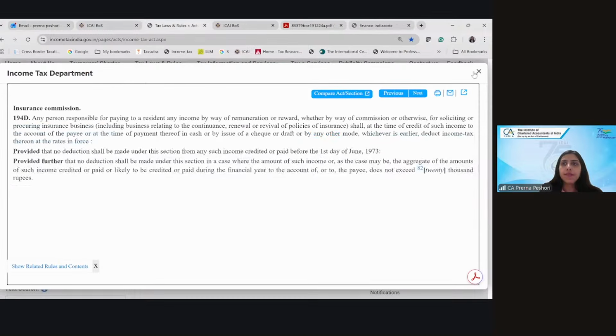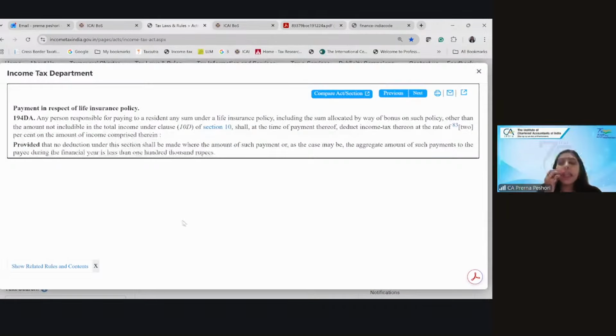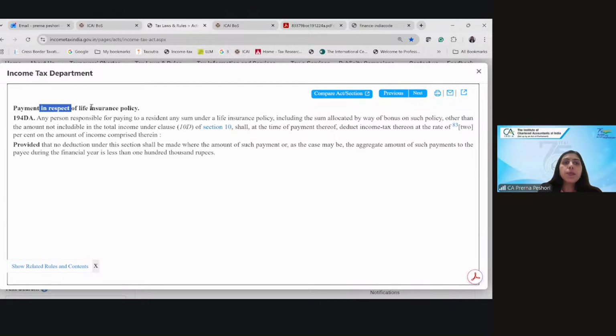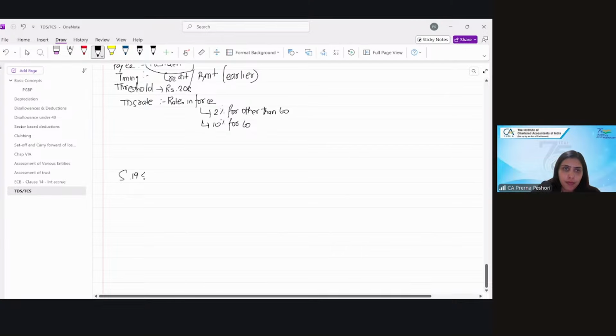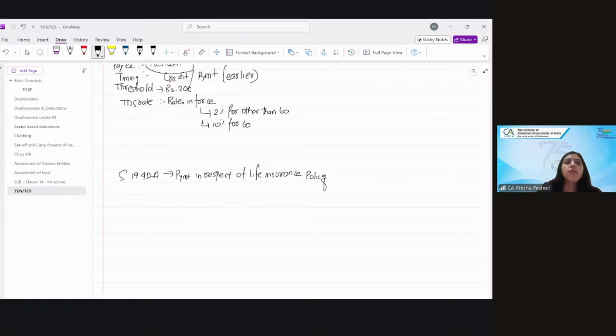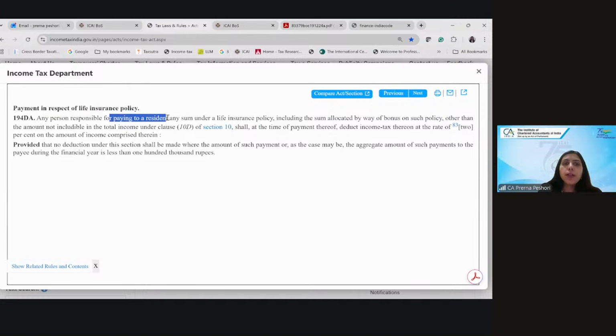Let us move further. Next is 194DA. Payment in respect of life insurance policy. So 194DA is any person responsible for paying to a resident any sum under a life insurance policy.